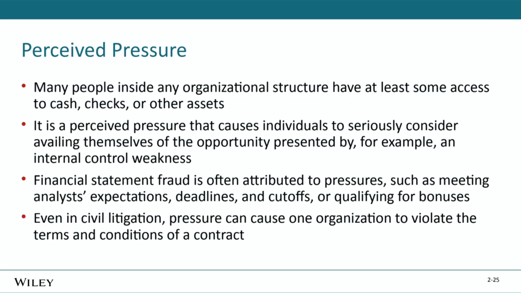All right. Financial statement fraud, where the folks higher up in the organization are manipulating the numbers in the financial statements. Well, that is a type of fraud that's often attributed to pressures such as meeting the Wall Street analysts' expectations for return on investment, for earnings per share, net income, what have you, deadlines, cutoffs, or anything I mentioned before.